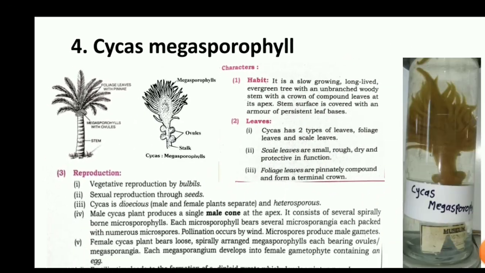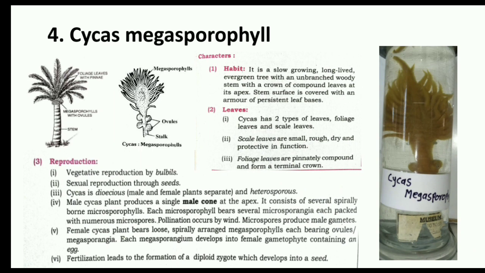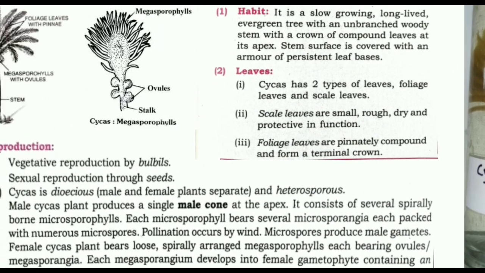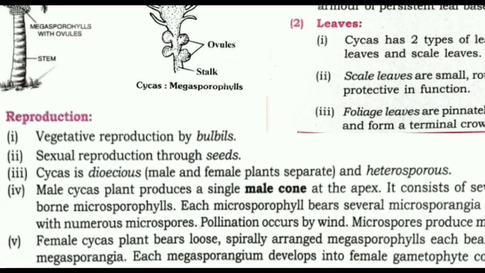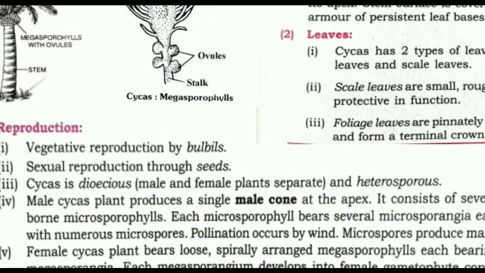Now here, besides sexual reproduction, where two completely different plants are involved, because Cycas is a dioecious plant. Dioecious plant as in it has two different plants, out of which one is the male plant and one is the female plant. So on the male plant you will see microsporophylls, on the female plant you will see megasporophylls. So these two sporophylls will produce the respective gametes, which will later fuse to form a new plant.